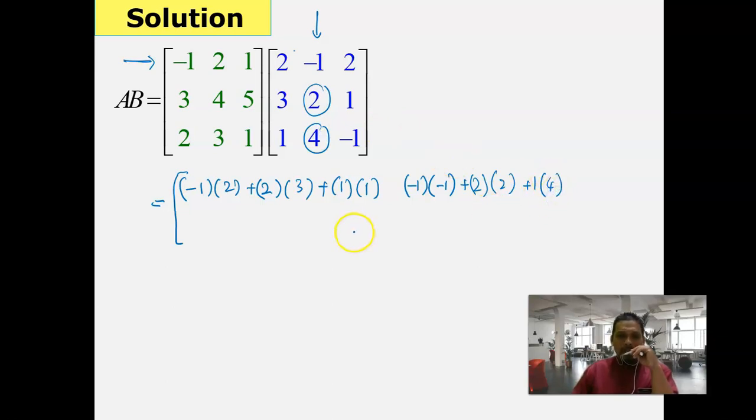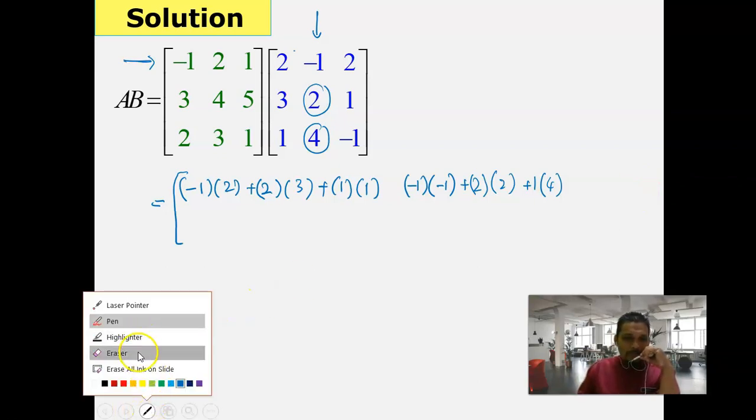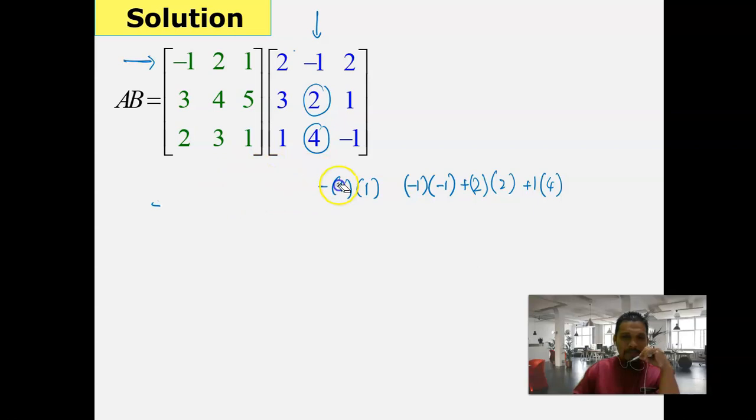Okay, I think I need to make some adjustment here because there's a lack of space, so I'll rewrite this.